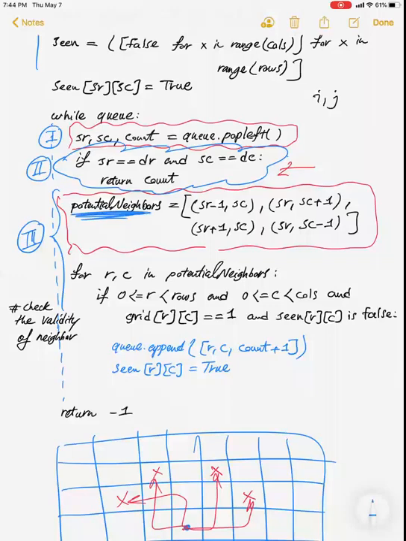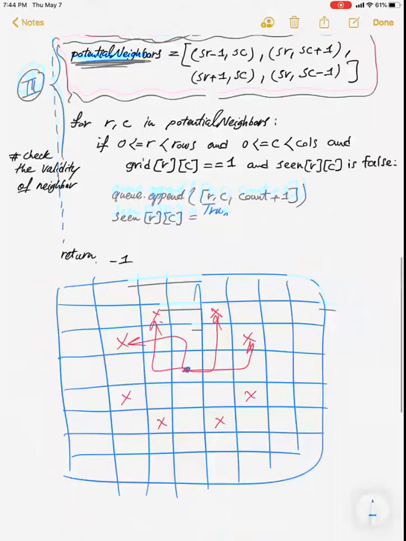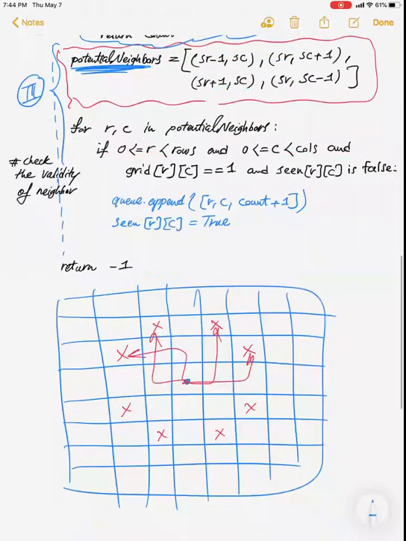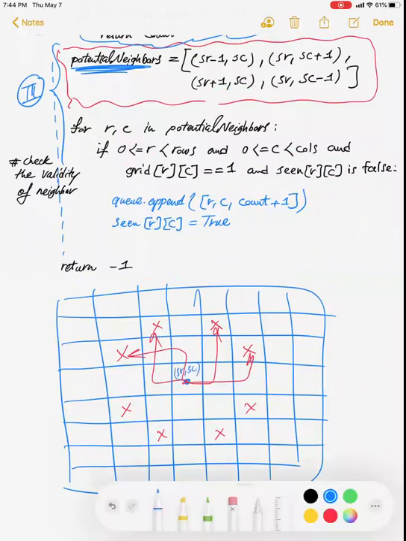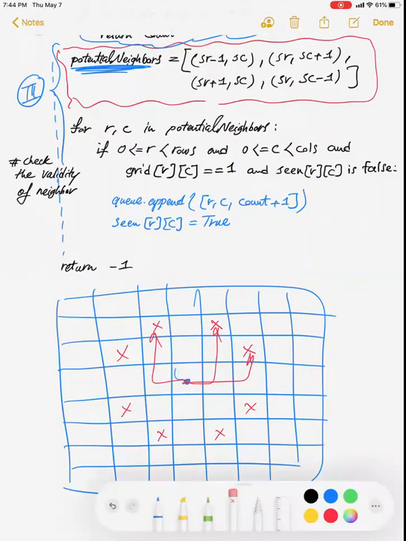You don't need to change anything. You only need to change the potential neighbors. What are the potential neighbors? We have 8 potential neighbors, and that's it. So how can we do that? If we have SR and SC here, let me write I and J to make it easier, shorter actually.